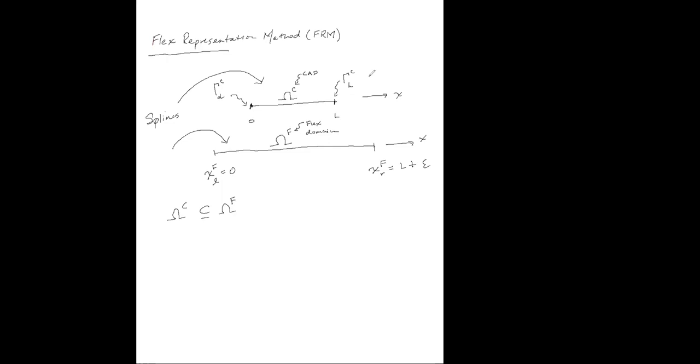In this case, it's just a single value, L. In this case, it's a single value 0. And this guy is 0 to L.